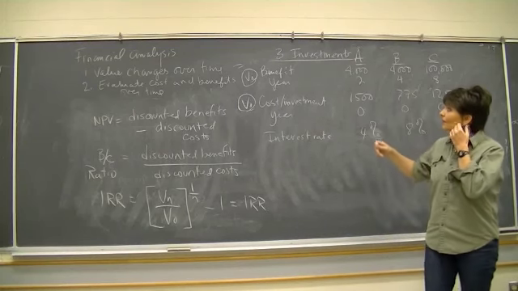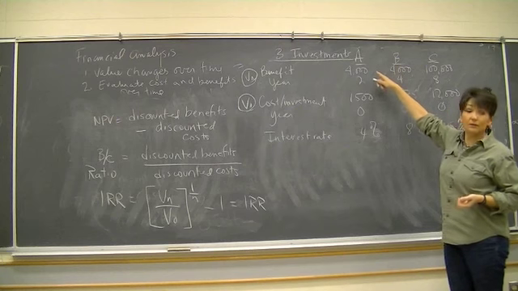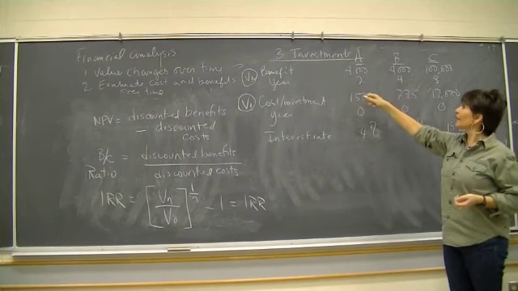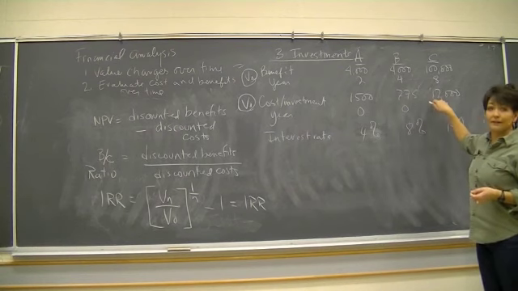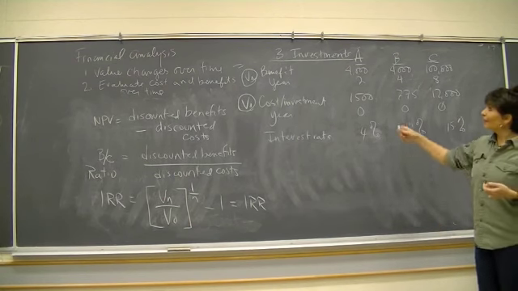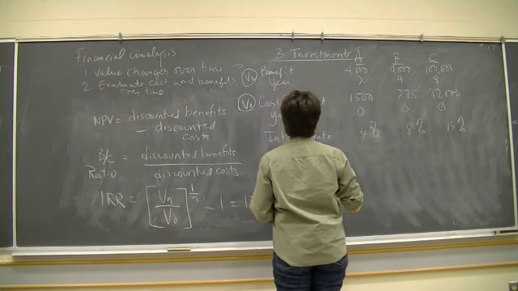So with each one of these investments, it's relatively simple. It's a single benefit, a single lump sum that you want to discount over 2 years, 4 years, and 8 years, and you want to compare it to the costs. So I'm going to take a few minutes and fill out this table that looks like this.